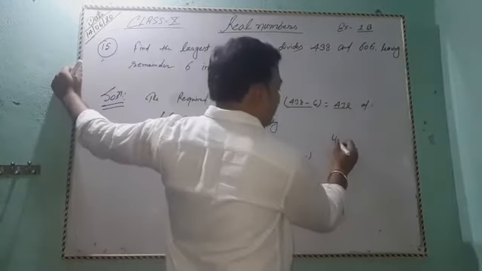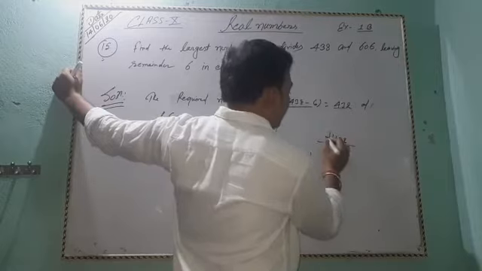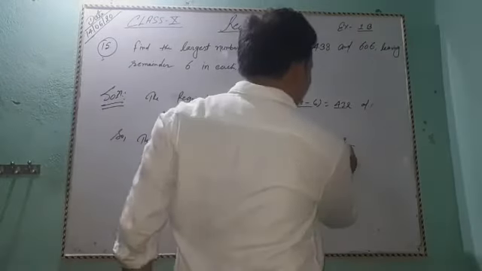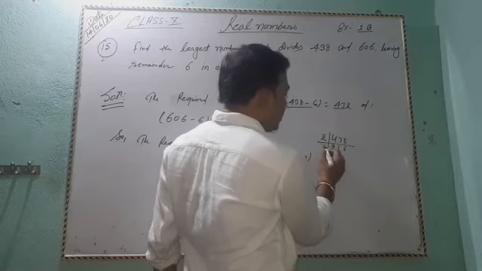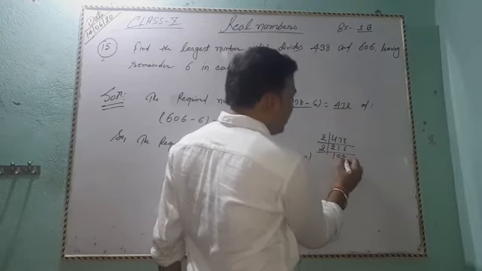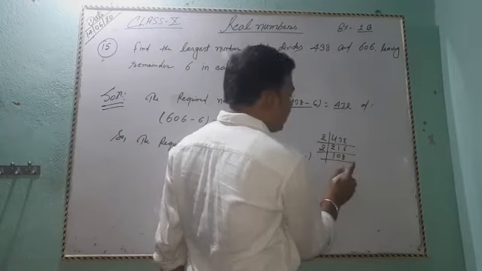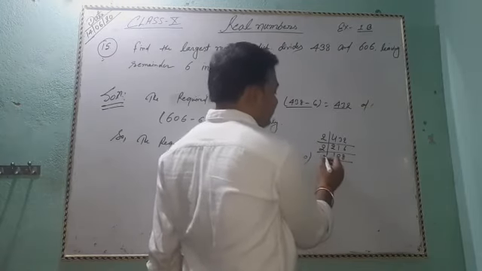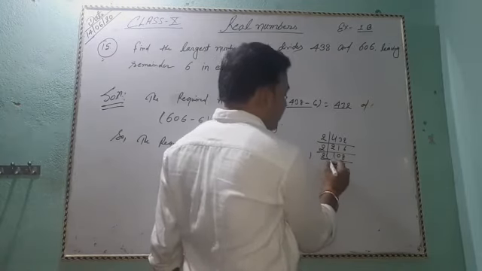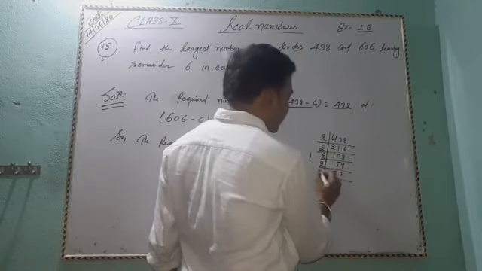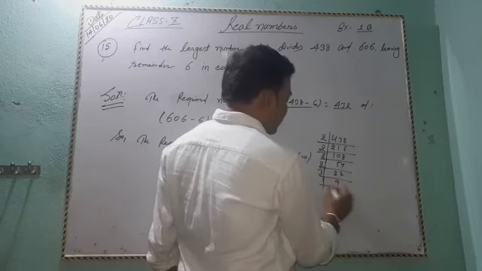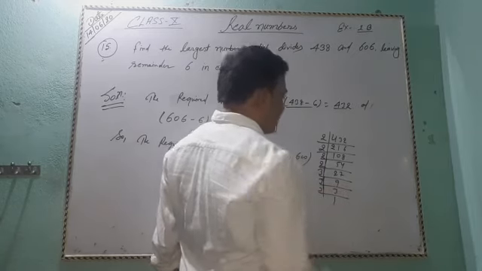So first of all, the prime factors of 432: 2 to 216, 108, 54, 27, 9, 3, 1.